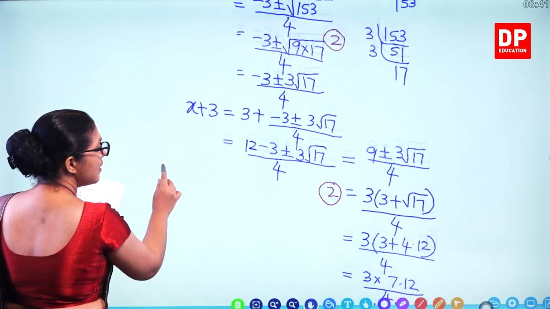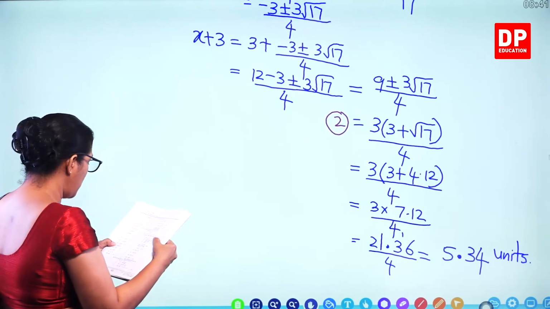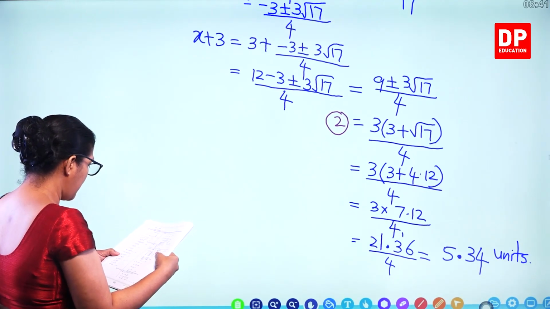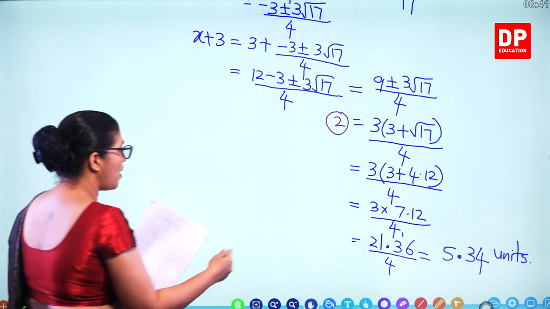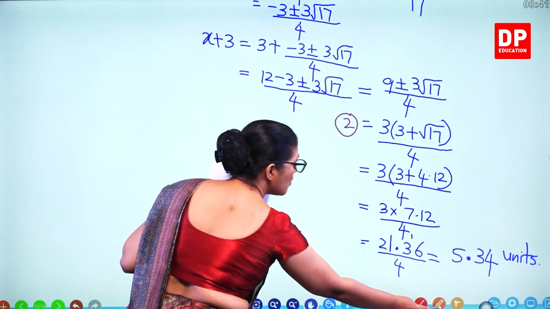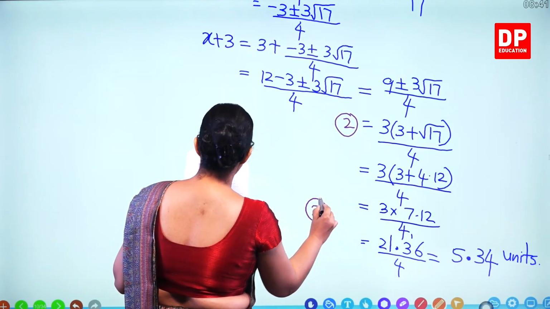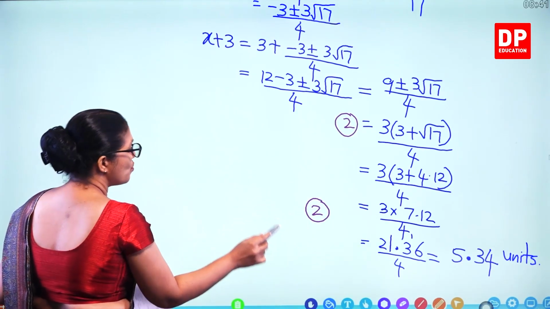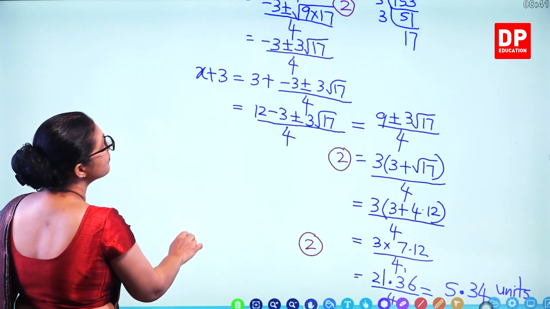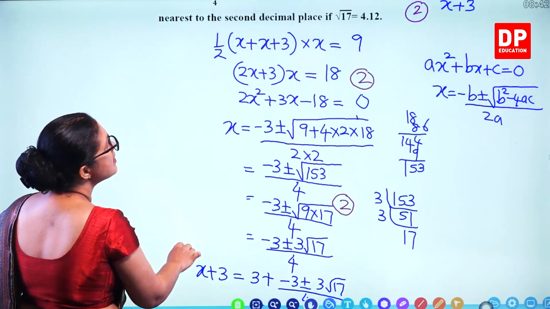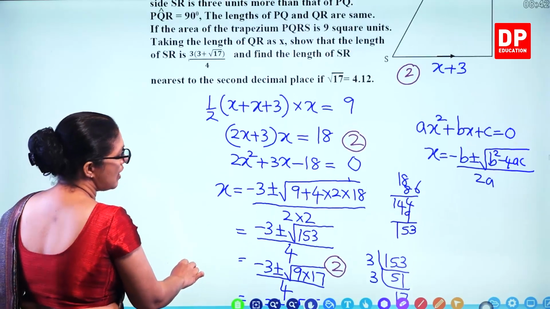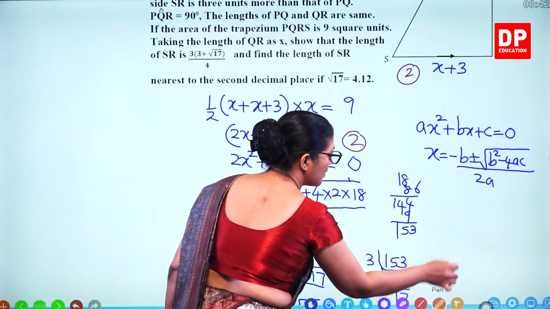And then substituting the value and getting the answer, another 2 marks. So see whether you get all marks. 2, 2, 4, 5, 6, 7, 8, 9, 10. So 10 marks for the whole question.